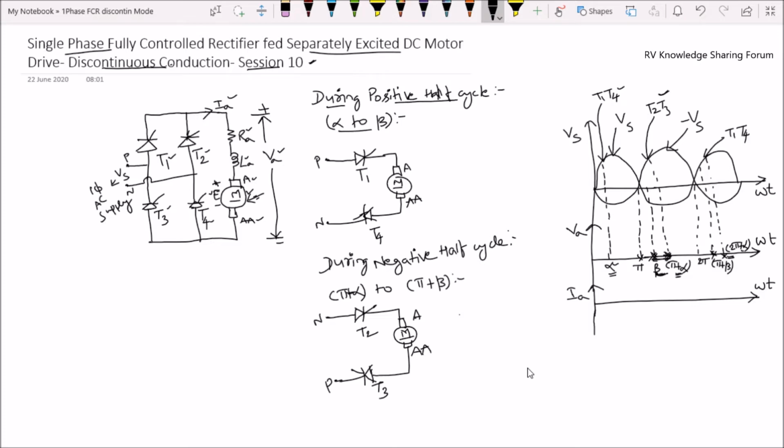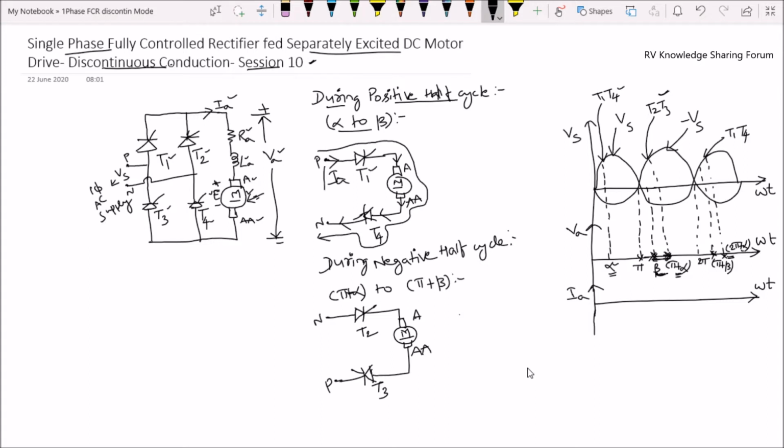The current starts flowing from the phase terminal to the thyristor T1 and enters through the armature terminal A, leads through the armature terminal AA, enters the thyristor T4 and ends its journey at the neutral terminal.